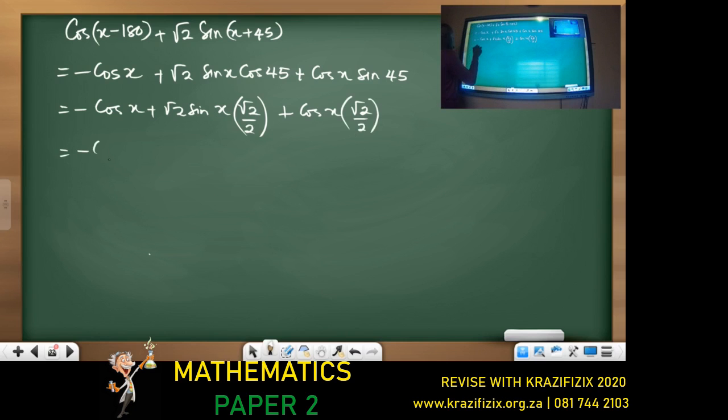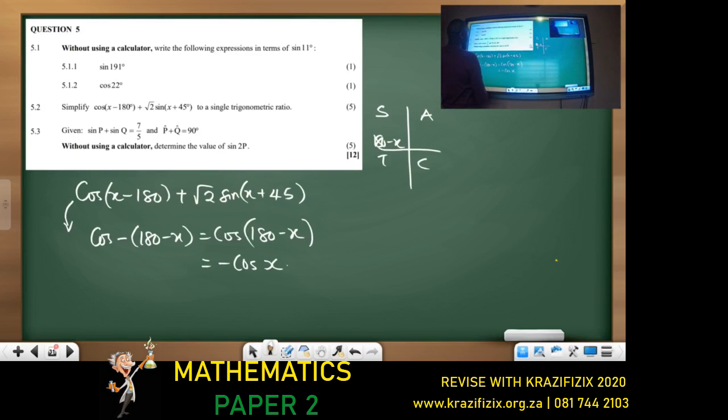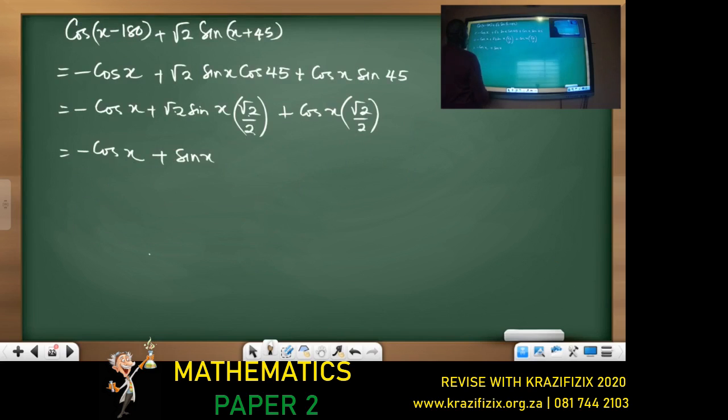Negative cos x, root 2 times root 2 would give me 2 divided by 2. This gives me sine x. Why did I remove that root 2 as a bracket there? That root 2 multiplies the whole thing, so I need a root 2 here as well. So root 2 times root 2, 2 divided by 2 would give me 1, and that would give me cos x.